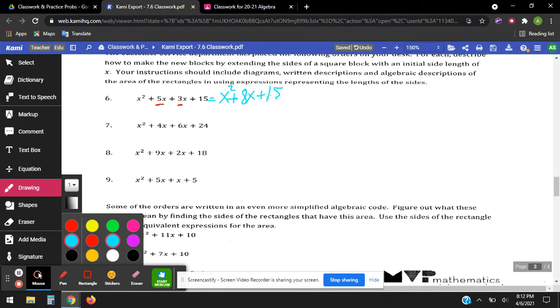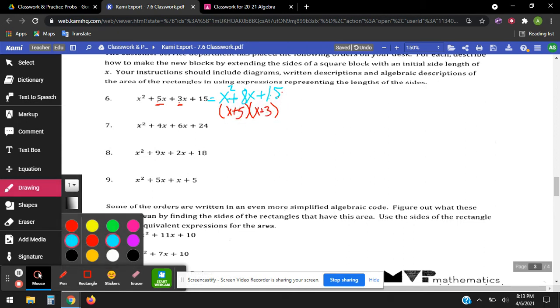Well, we just said the side length is going to be x and then the x here. It's two numbers that add to get 8, multiply to get 15. Well, 5 and 3 just added to get 8. Do 5 and 3 multiply to get 15? Yes.